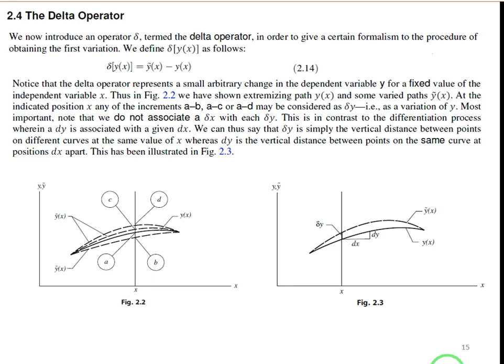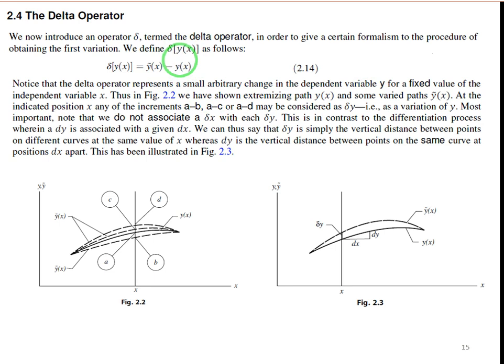First of all, we define the delta operator. Delta operator is a name which is given to a certain variation in a definite function. Let's say y is a definite function, y is a known function. We know the value of y of x.